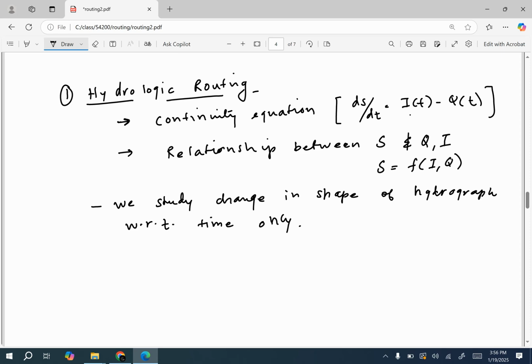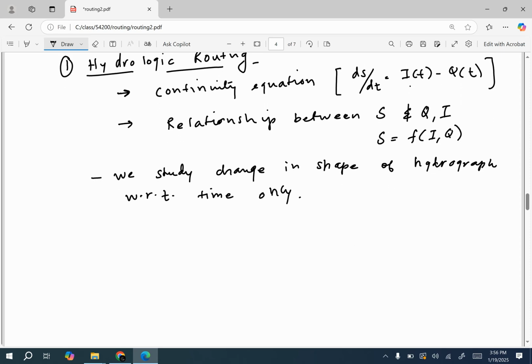This is hydrologic routing, and as I said, it is simpler compared to the other method, so relatively less complex.